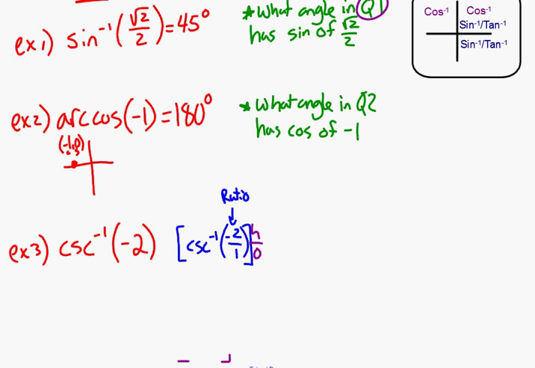So if I want to go from cosecant to somebody I can deal with a little easier, his friend is sine. But I have to remember, if I'm dealing with sine, my ratio isn't hypotenuse over opposite, it is opposite over hypotenuse. So this is going to become opposite 1 over 2.